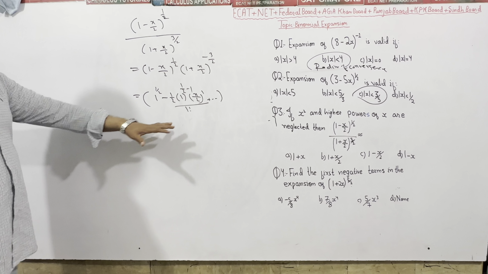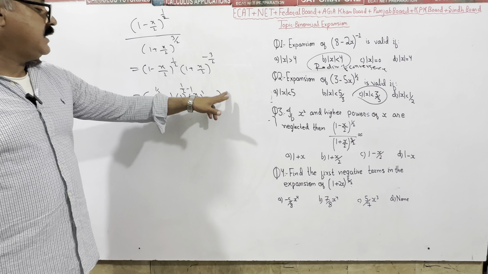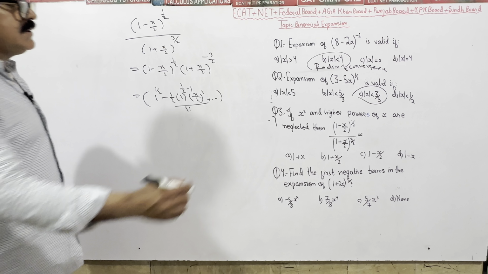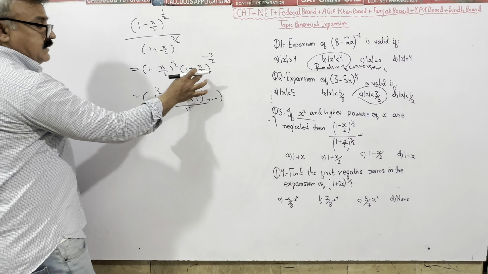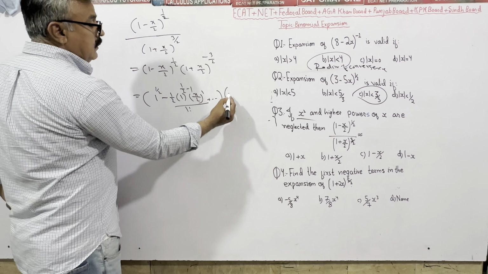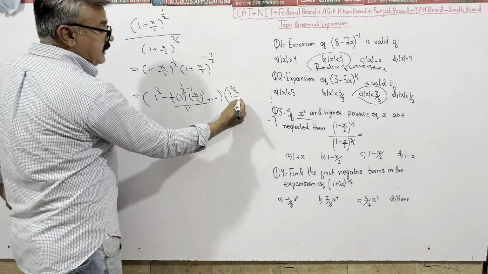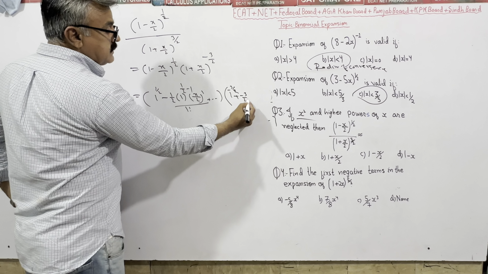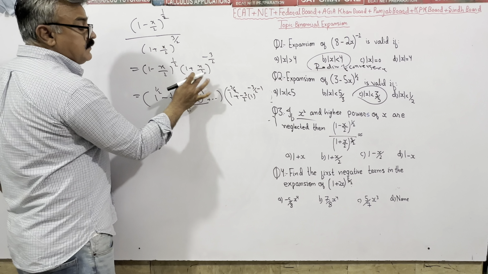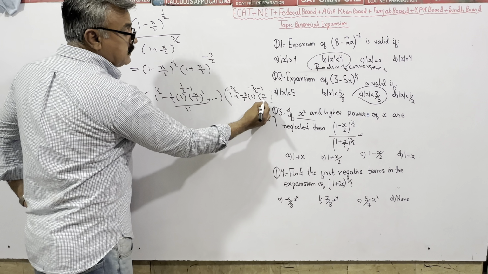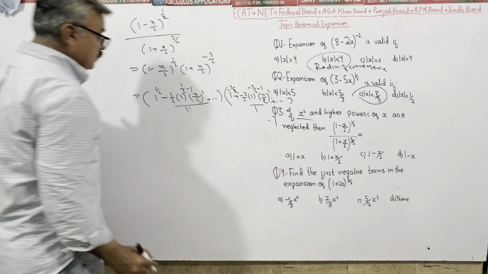I am omitting the rest because the other terms have x over 2 whole square, x over 2 whole cube, and we are asked to neglect x square and higher powers of x. In the same fashion, 1 raised to minus 3 over 2, drag the power down, subtract 1 from the power, give the second term power 1, x over 2, and so on and so forth.